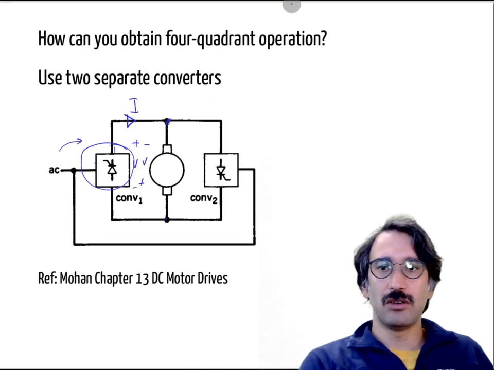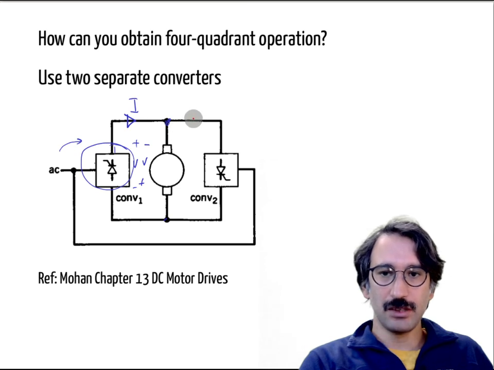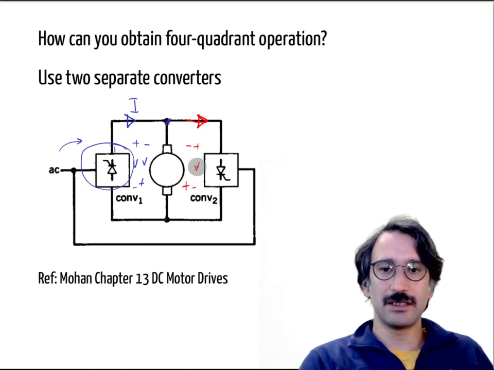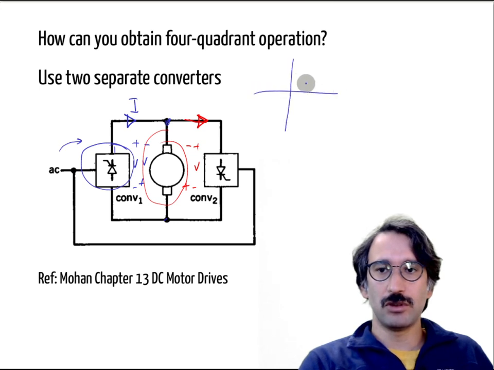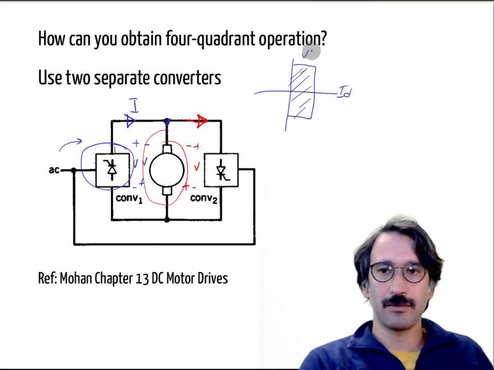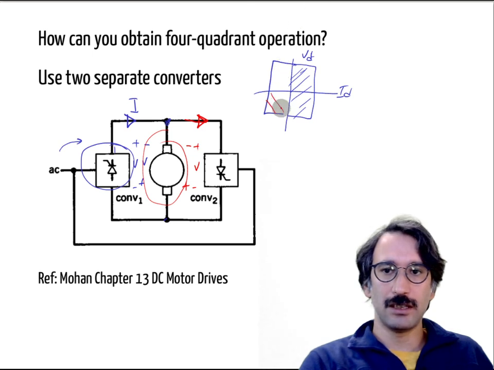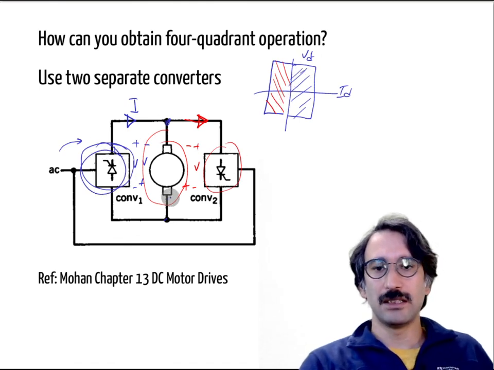From the other one, the current can flow the other way, and again the voltage can be positive or negative. So from the motor's perspective, it is possible to operate it not just in 2-quadrant operation but in 4-quadrant operation. The red area is supplied by that converter, and the blue area is supplied by the other converter.